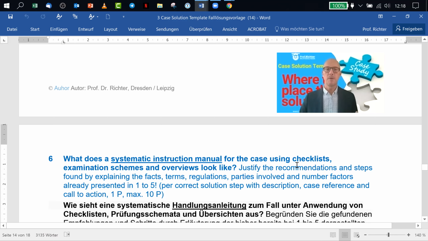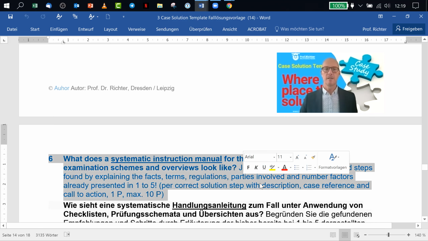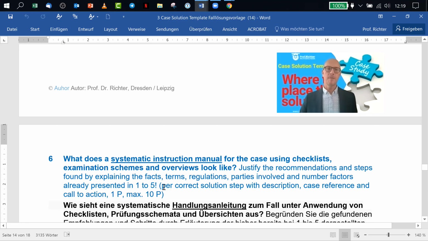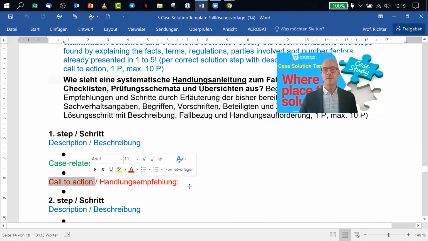Step by step go through this case and explain, using all the facts, terms and regulations you found out in the template from question 1 to 5, right? And the parties involved, and present them, per correct solution step with description, with case reference. And here is the call to action. So Handlungsempfehlung, you will always get 1 point.